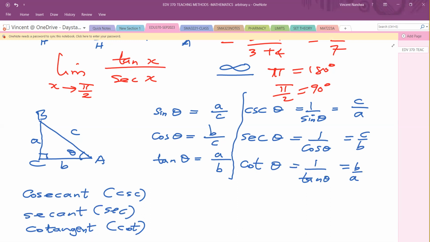So, yeah. Sasa kwa hii hapa, ukitaka kutafuta the value of secant of x, the same as just finding 1 over cos x. So hapa ukitaka kutafuta sec of pi over 2 or sec of 90 degrees, fanya 1 divided by cos of 90 degrees.